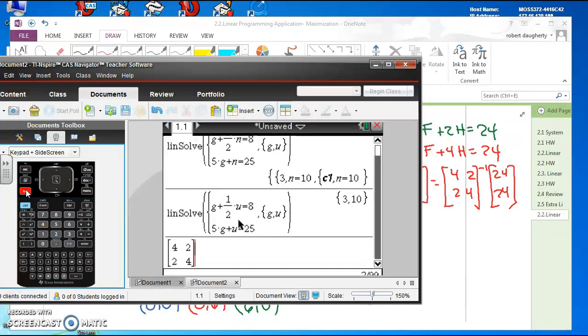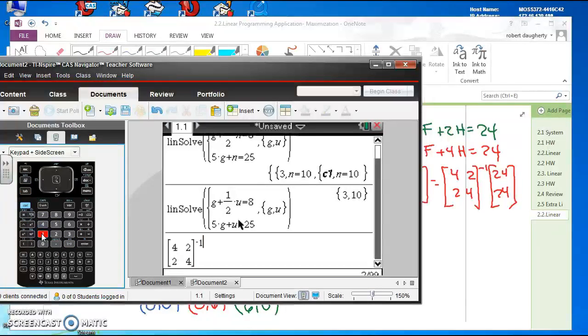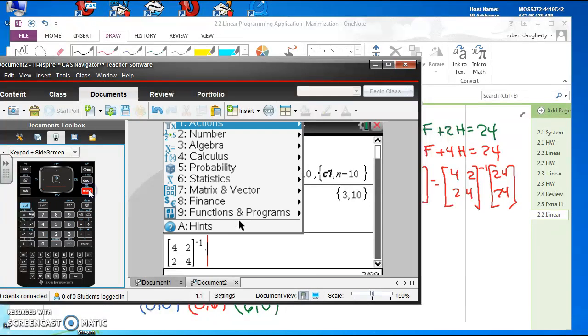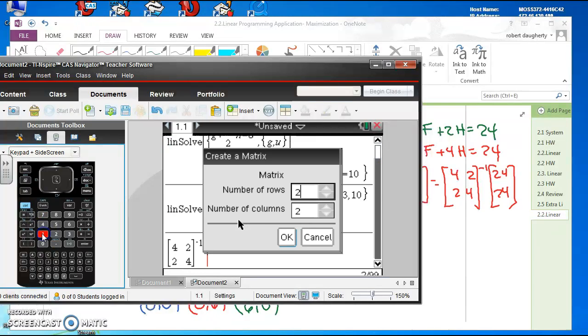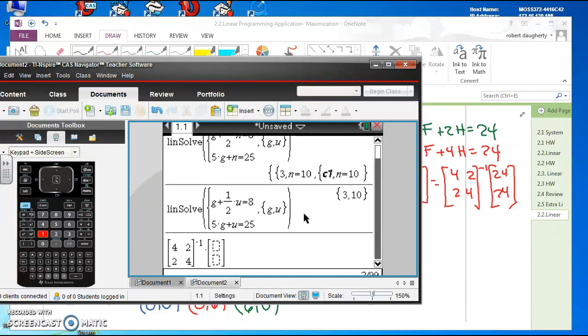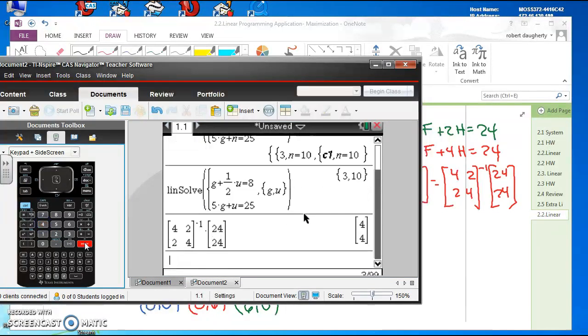And I need to take the inverse of that matrix and multiply it by another matrix, which is a 2 by 1, so 2 rows and 1 column. That matrix is 24, 24. So I do that and I get 4, 4 is my answer.